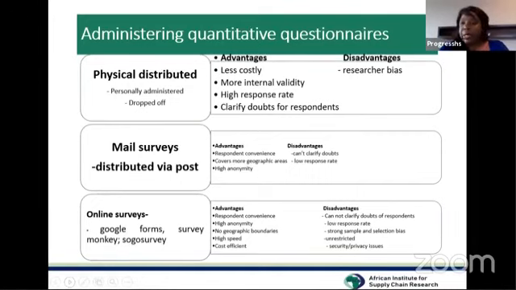If your sample size is larger than 100, then Google Forms would need to be complemented with other platforms such as Survey Monkey, or you'd rather make use of the SOGO survey, which has an unlimited number in terms of the sample.